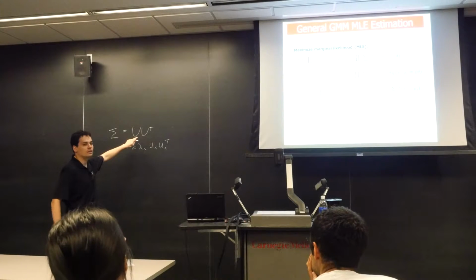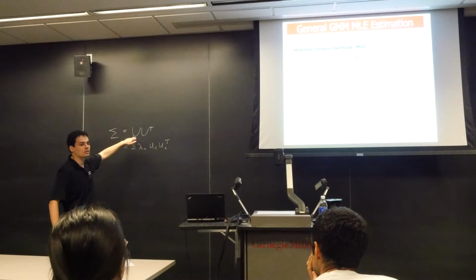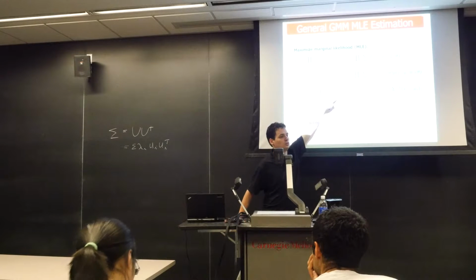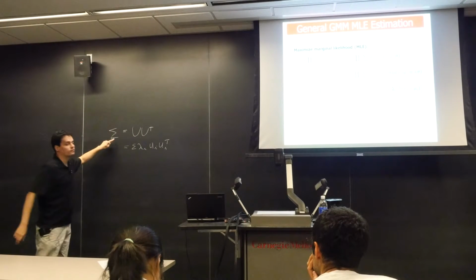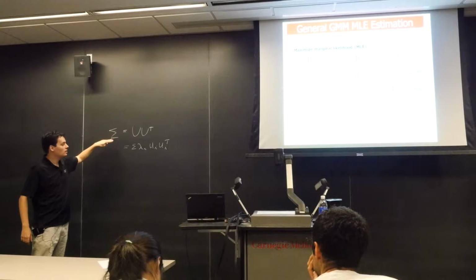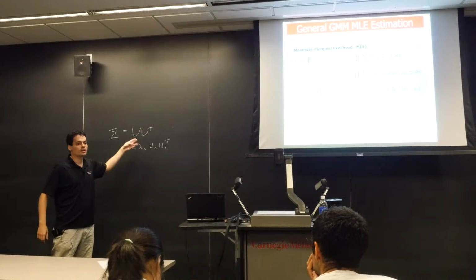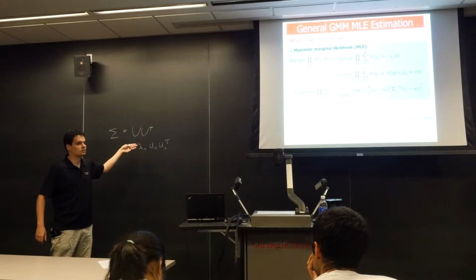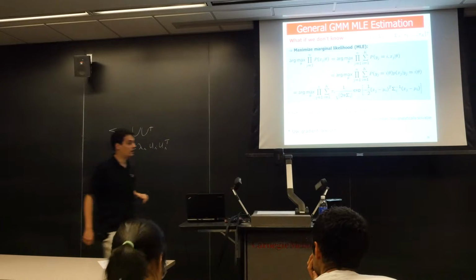Why I wrote this here: in this case, I just need to optimize in U, and then the sigma solution would be U transpose U. You can do it the other way as well, but then you would have one more parameter, the lambdas. It doesn't matter, they are kind of equivalent.